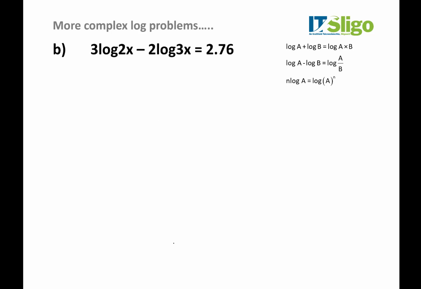Here's another one. So again, we're going to use rule 3 to clean up the logs first. The log of 3x to be squared. Now be careful, each term gets cubed, so that becomes 2 cubed.